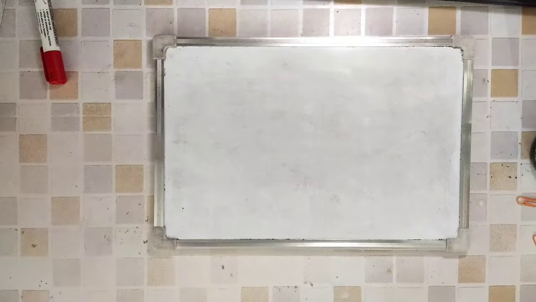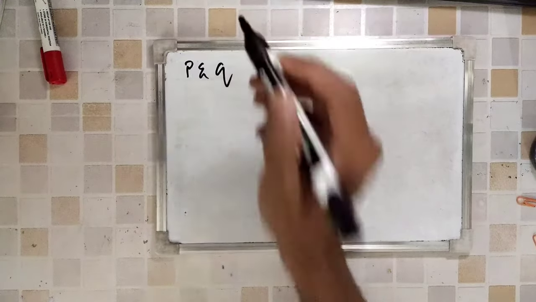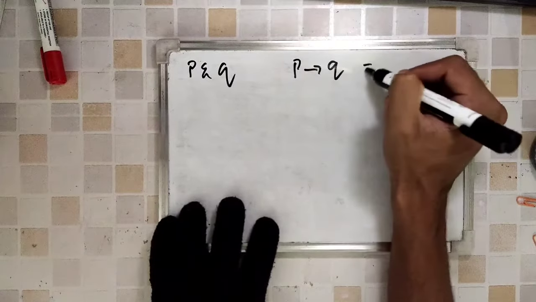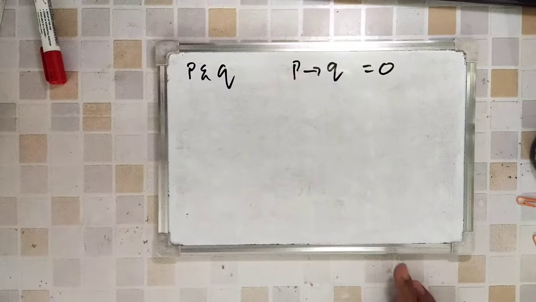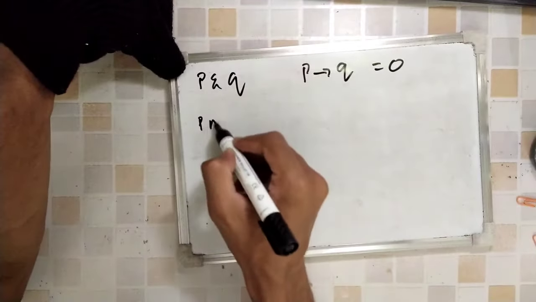They have said let P and Q be primitive statements for which the condition P implies Q is 0, false. Then determine the truth value of the following compound propositions.